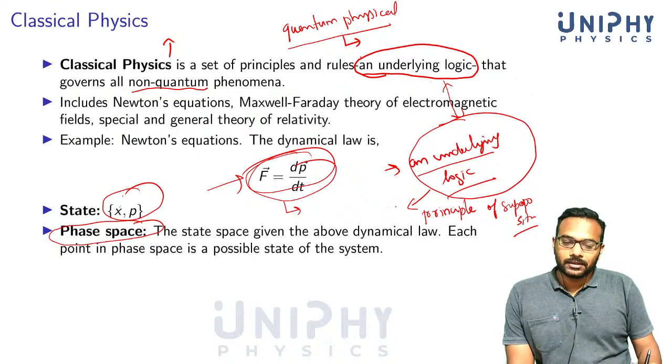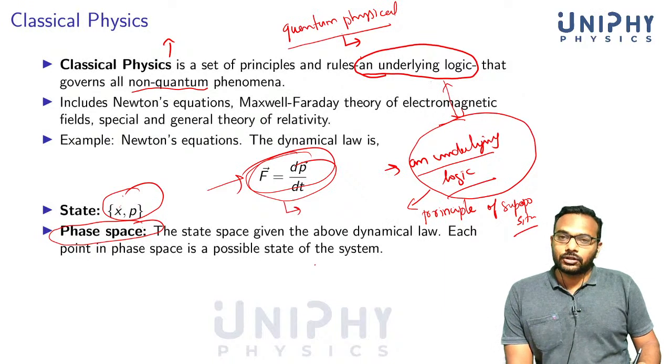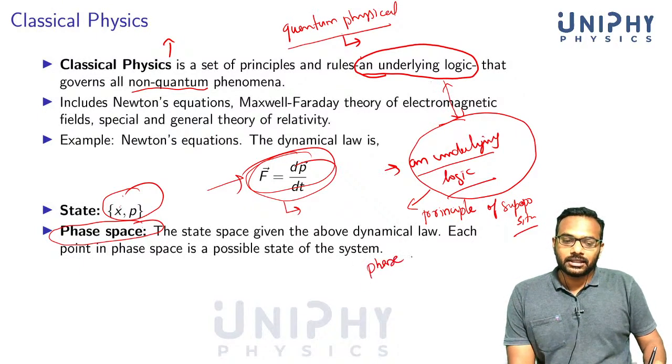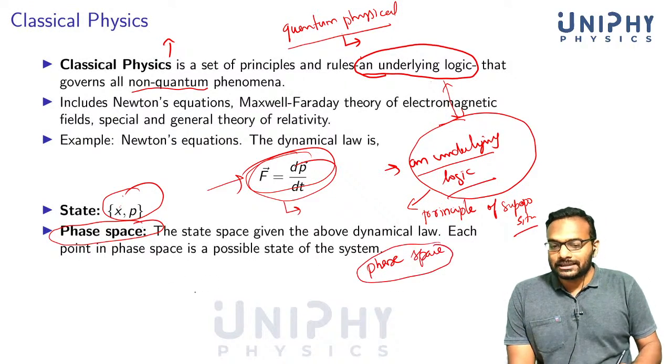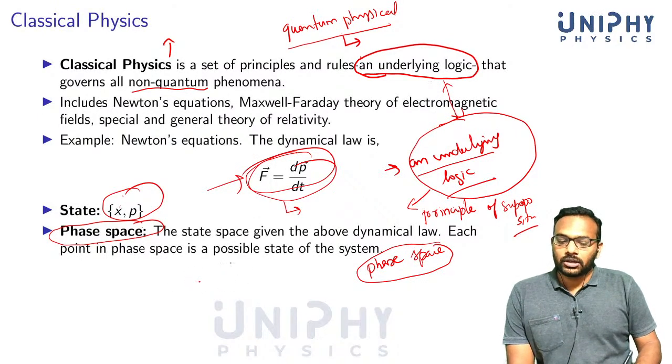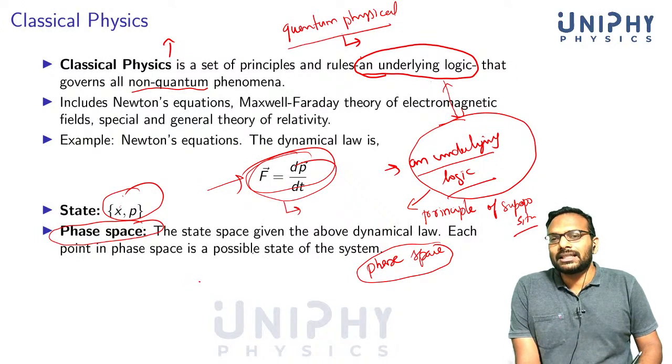What was state space? State space was the set of all possible states of the system, and by state you mean position and momentum. So if you take the set of all positions and momenta, it's known as the phase space. You might be familiar with this term, phase space. If you take a single particle in 3 dimensions, in order to specify its position and momentum completely, we talk about a phase space. It has nothing to do with any real space.